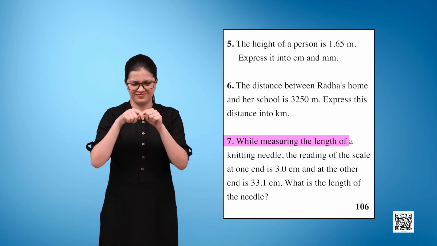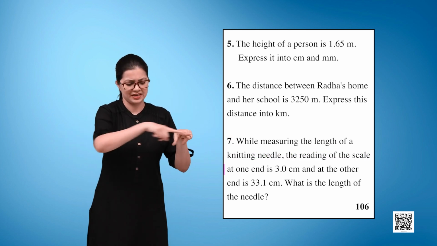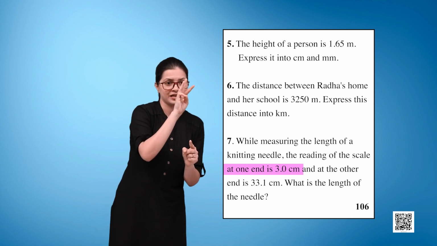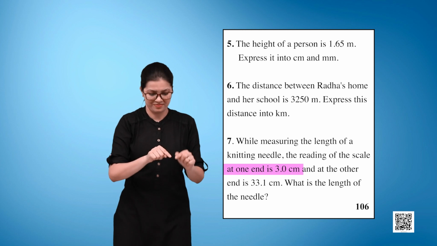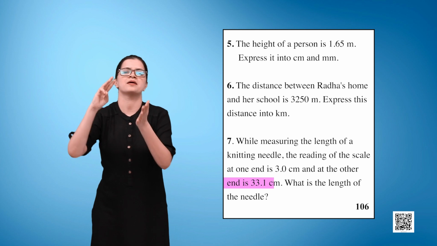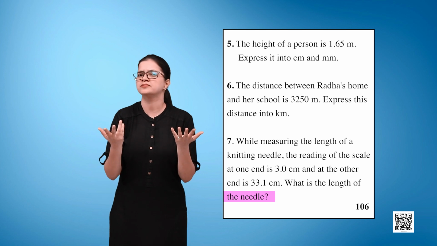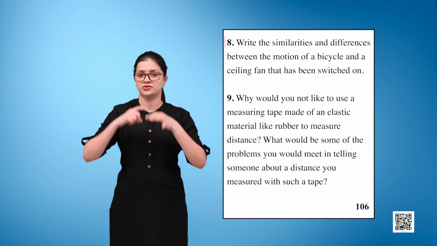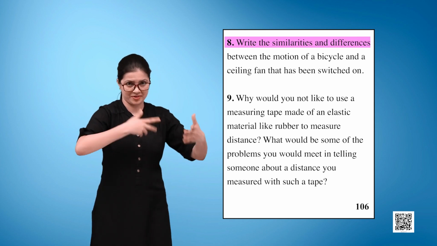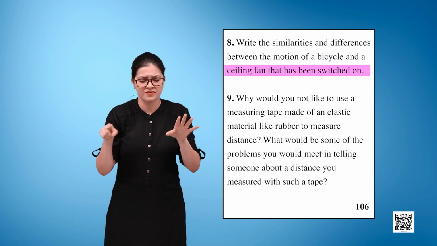While measuring the length of a knitting needle, the reading of the scale at one end is 3 centimeter and at the other end is 33.1 centimeter. What is the length of the needle? 8. Write the similarities and differences between the motion of a bicycle and ceiling fan that has been switched on.